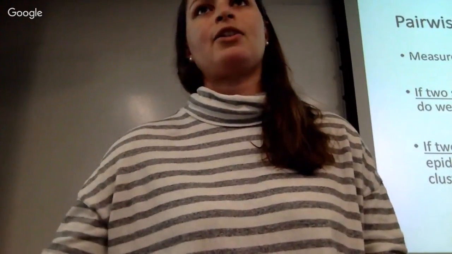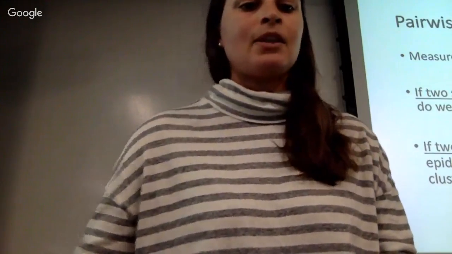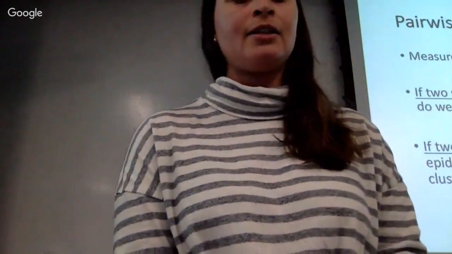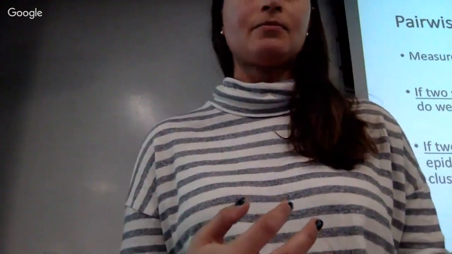Is the virus accumulating mutations that then result in drug resistance? If the two sequences come from two different people, we're asking a different question: are their infections epidemiologically linked, and do they belong to the same transmission cluster?